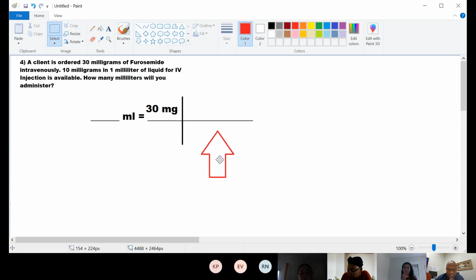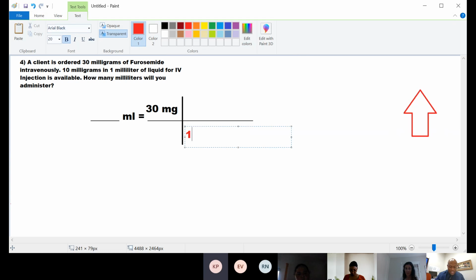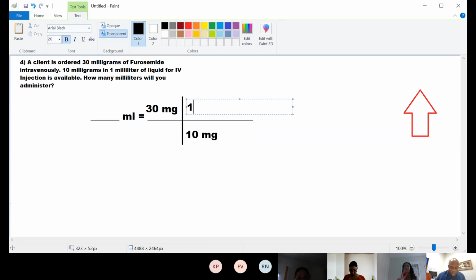Is everybody okay with that? Okay, good. So we know that we need to take this 10 milligrams per 1 ml, but we know that we need the milligrams at the bottom. So it's 10 milligrams per 1 ml.